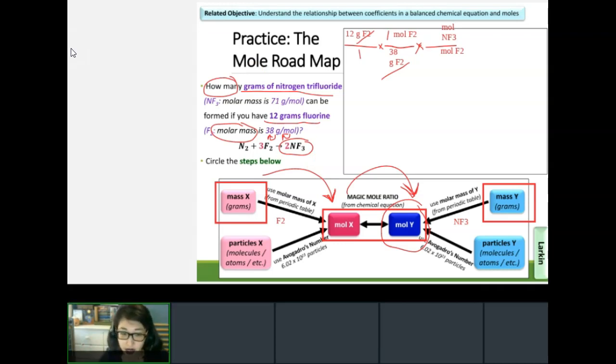Thank you, Miranda. Awesome participation. Thank you, AJ. I see Angelina. Excellent. Yeah, so our coefficient here is a 2. So I'm going to fill in that we have 2 moles. And for every 2 moles of nitrogen trifluoride, we have how many moles of fluorine? Go ahead and read that coefficient.